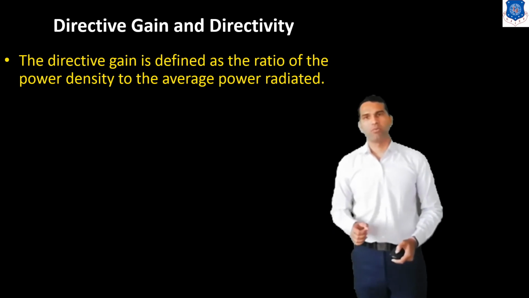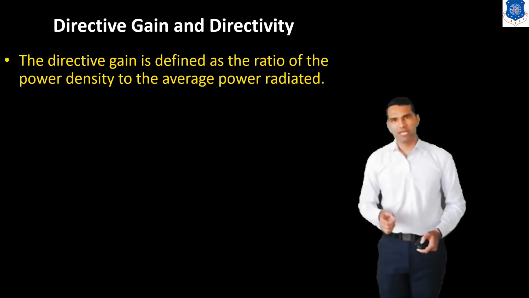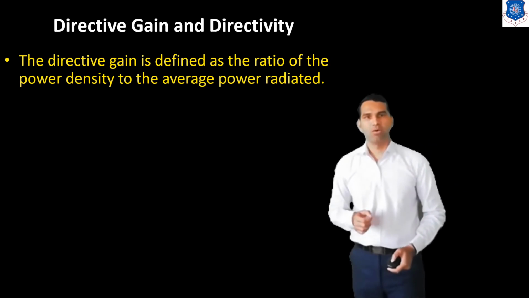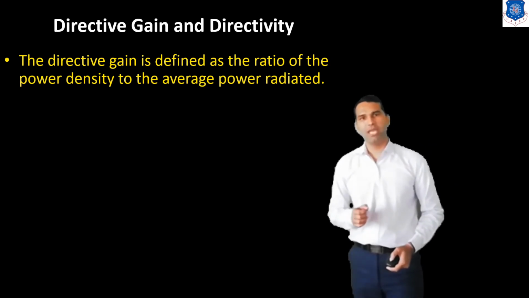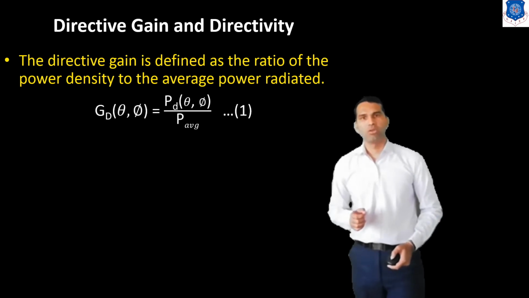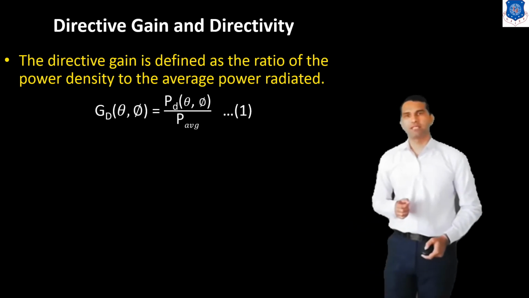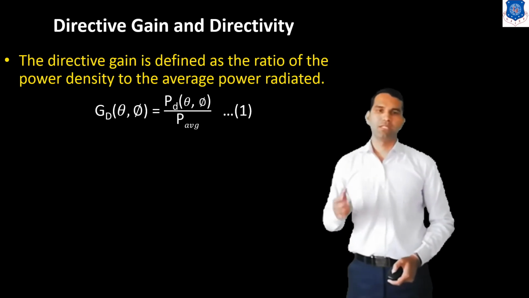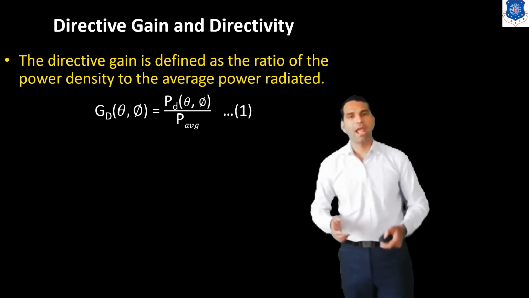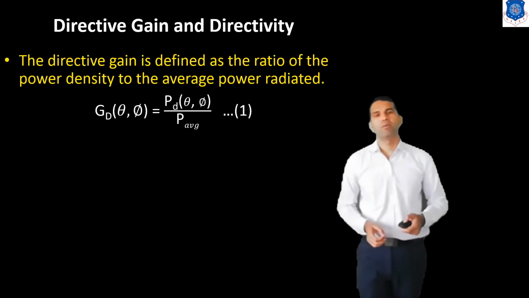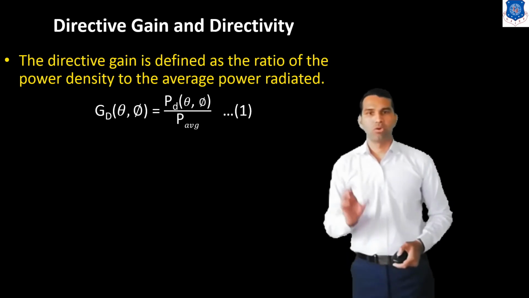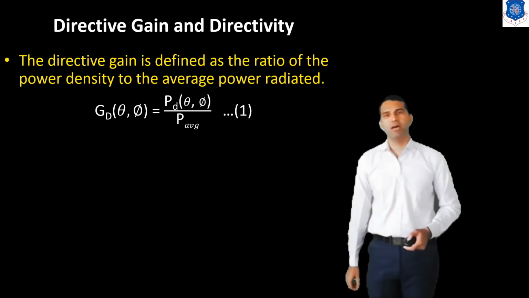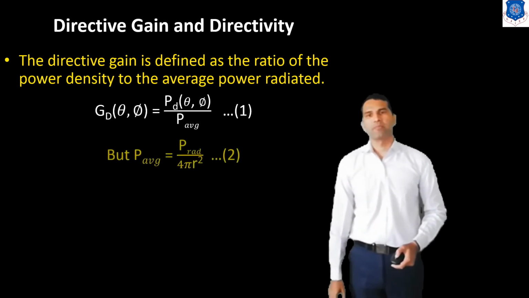We know the power density P_D and the average power radiation P_average. So we can write G_D(θ,φ) equals P_D(θ,φ) upon P_average. The ratio of the power density to the average power is nothing but the directive gain.